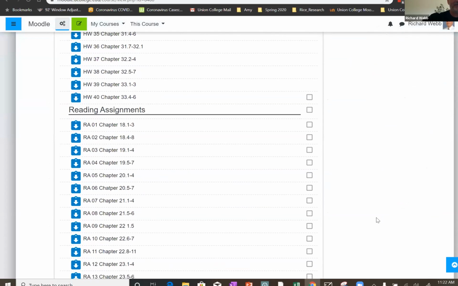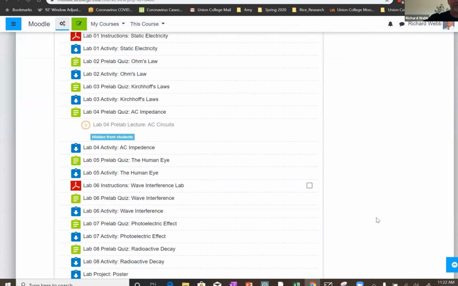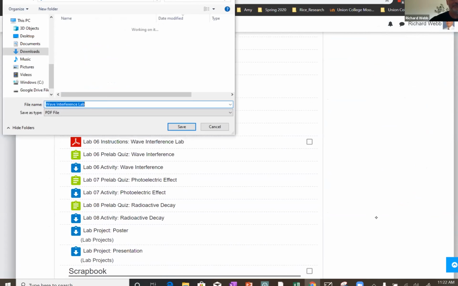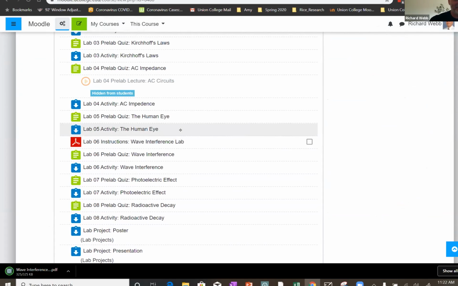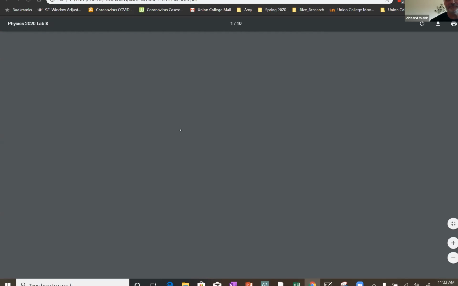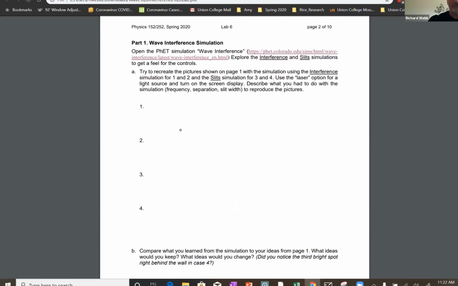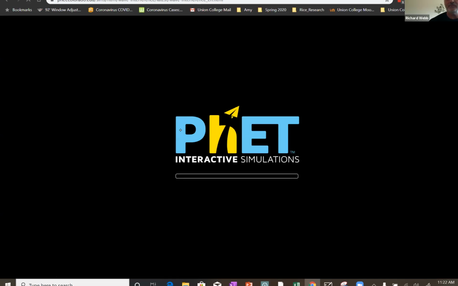So find the lab, we have two things. We have instructions. Great. I'm just going to download it anyway. It's the quickest way to find it. And please, hopefully.